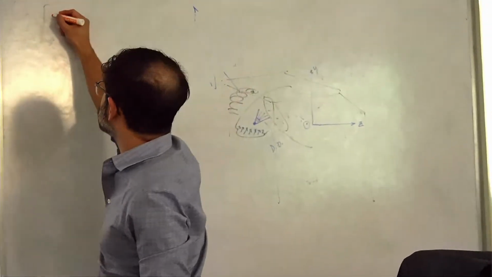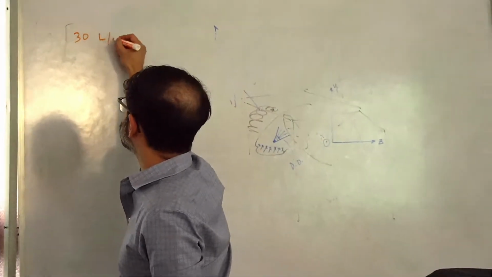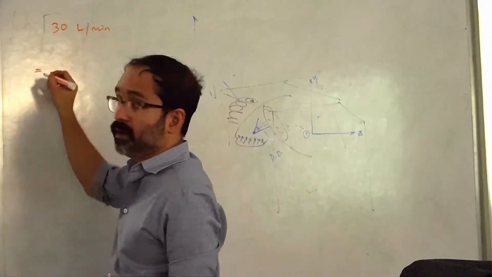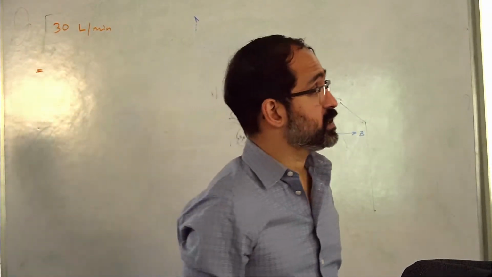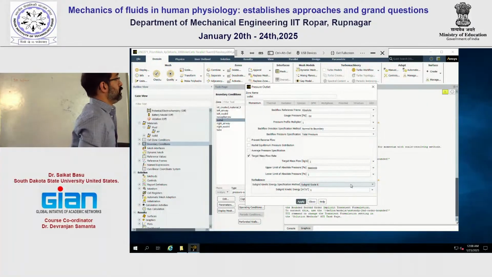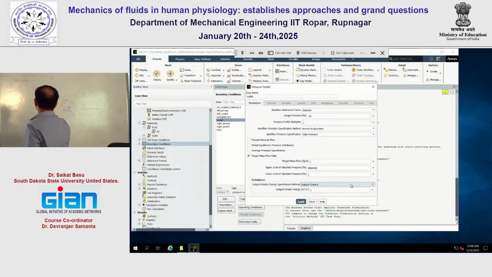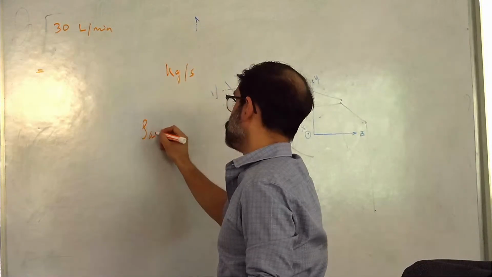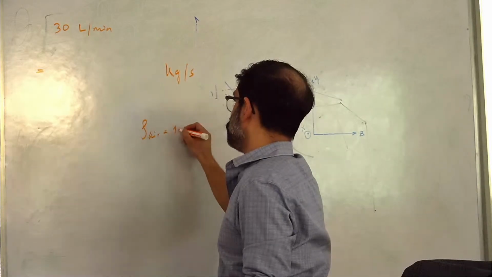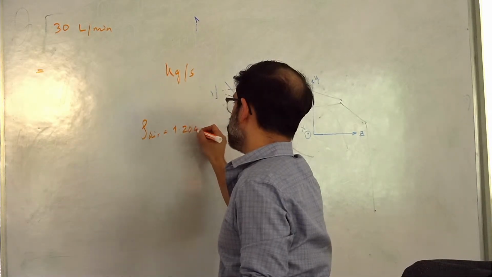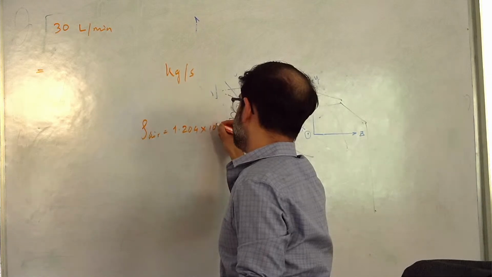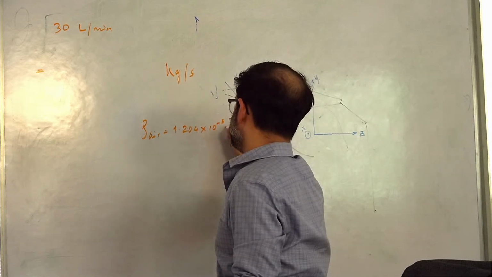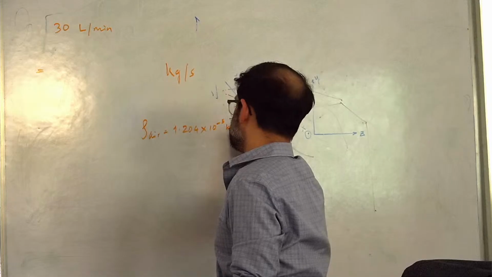So we have to convert 30 liters per minute to, what is the unit over here? It is in kg per second. So we have to convert that to kg per second. So the rho of air is 1.204 times 10 to the power of minus 5 kg per second, right?